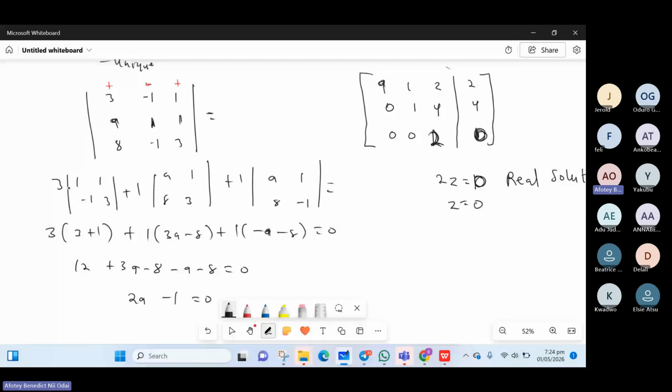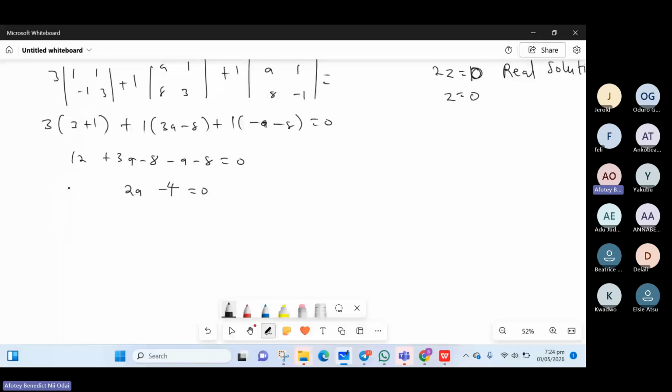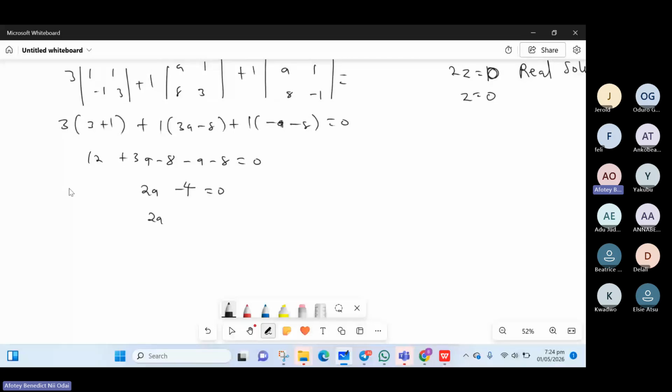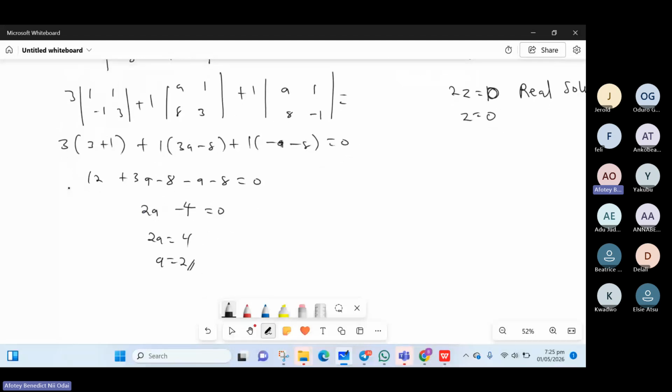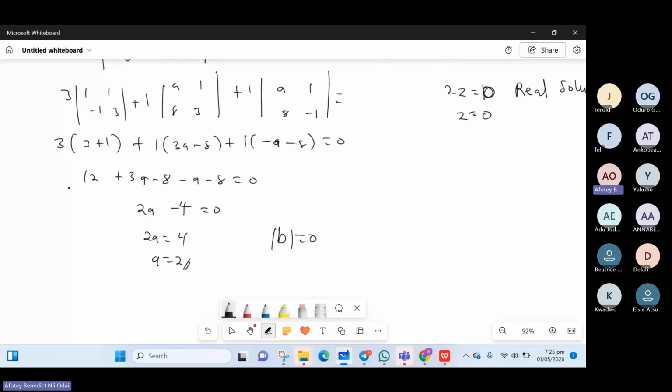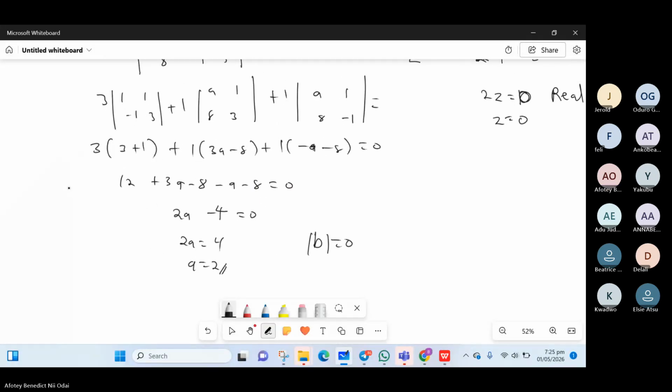So negative 16 plus 12 gives us negative 4. Thank you very much. I really appreciate this. So we get 2a is equal to 4 and a is equal to 2. We've gotten a is equal to 2. Remember that a is equal to 2 only when the determinant is equal to 0.